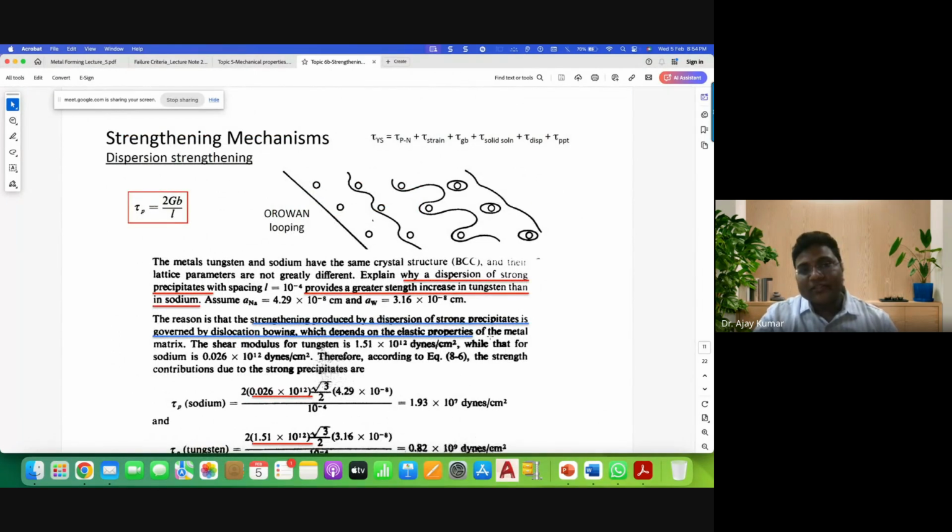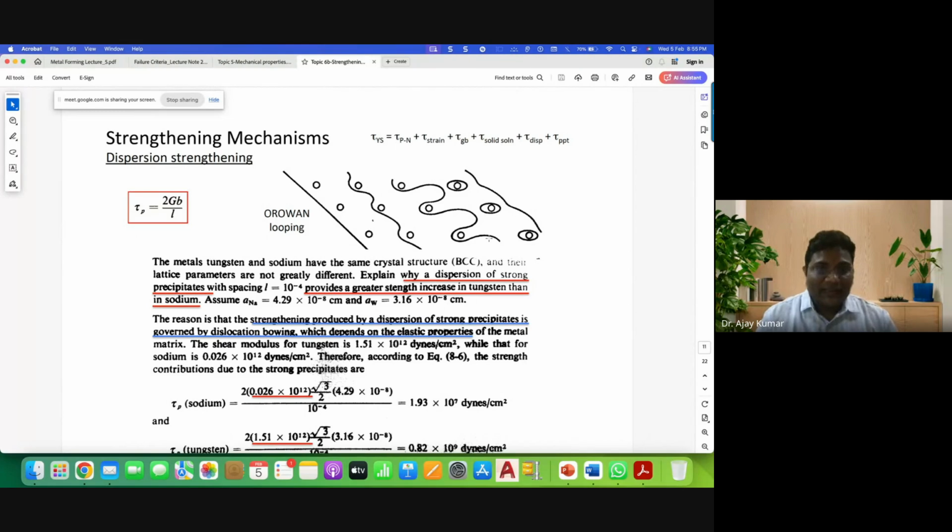Another one is dispersion strengthening. Here you have the dislocations and the different dispersed particles, or you can say the secondary particles, in the material. Dislocations can form loops around the particles, and they will form multiple loops.